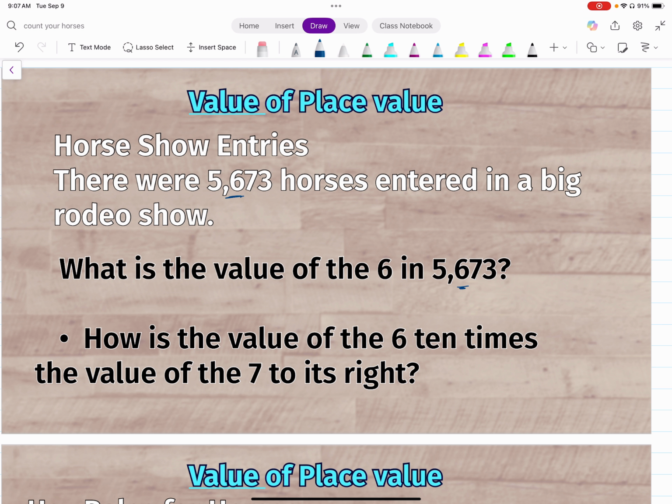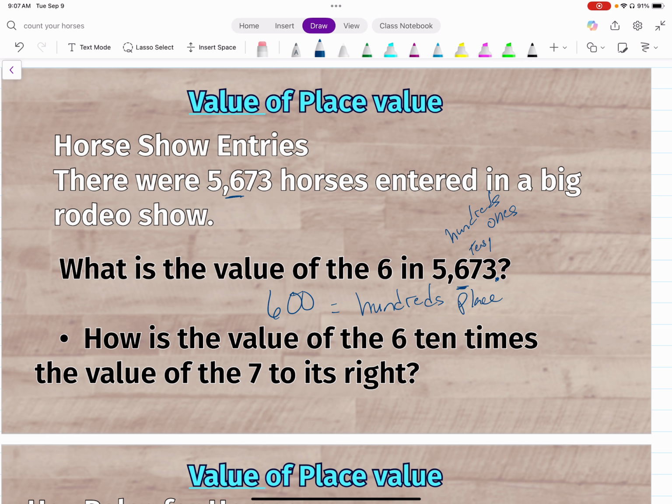All right, well, here is my ones place. Here's my seven, my tens, and then my hundreds. So the value of this would be 600, right? You could also say it's in the hundreds place.